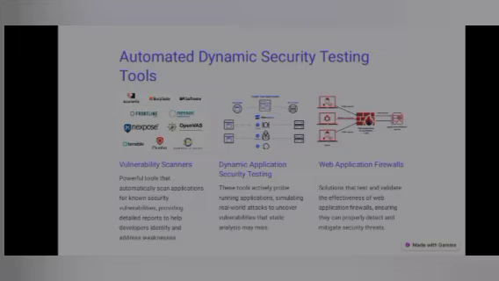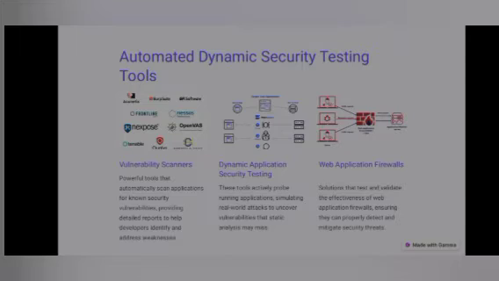Automated dynamic software testing tools. As you can see on my screen, there are various automated dynamic software testing tools: 1, 2, 3. First is vulnerability scanners. These are powerful tools that automatically scan applications for known security vulnerabilities, providing detailed reports to help developers identify and address weaknesses.